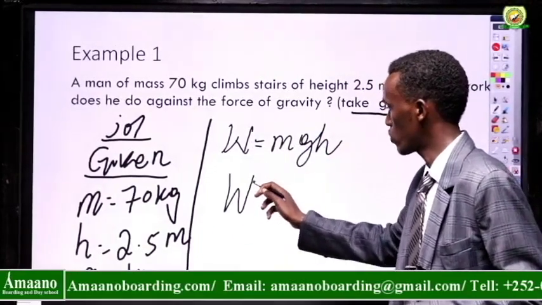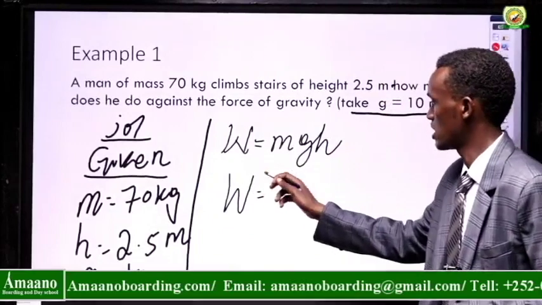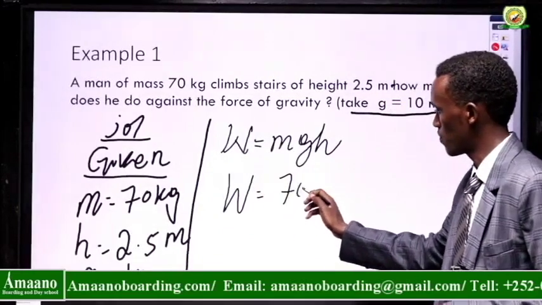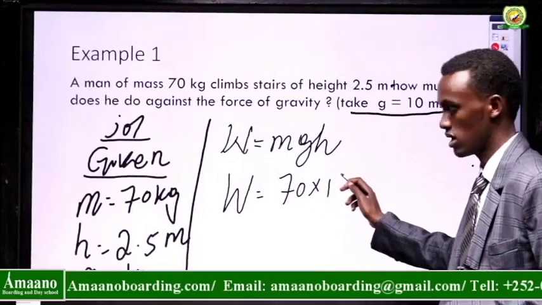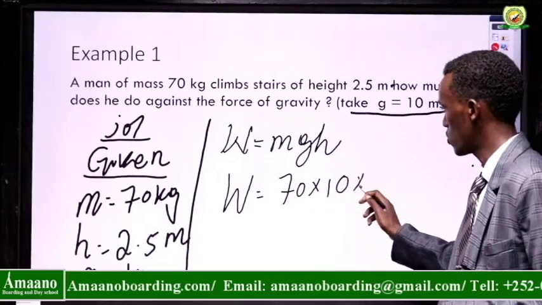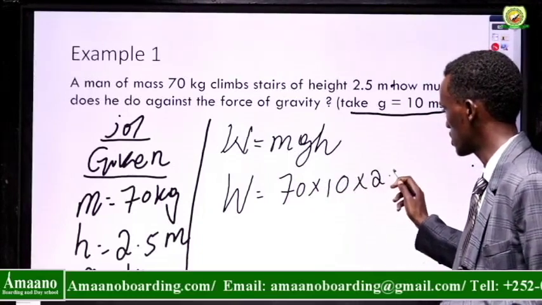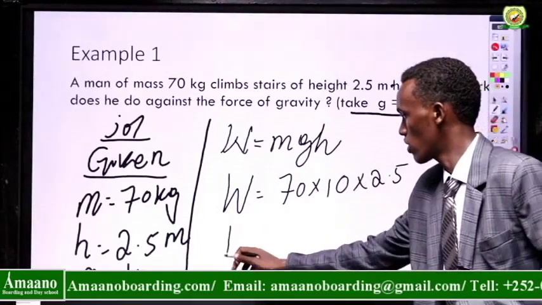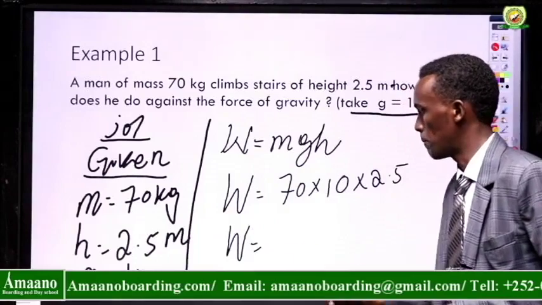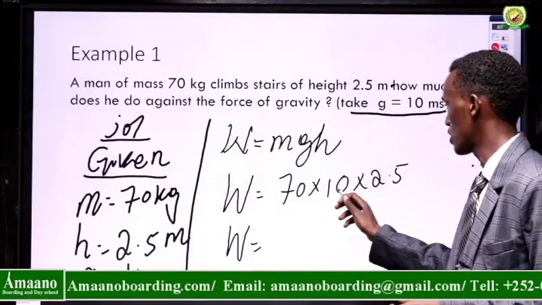Work done by the force of gravity is equal to mass, 70 kilogram, times gravity. Gravity is 10, and also the height above the ground is 2.5.